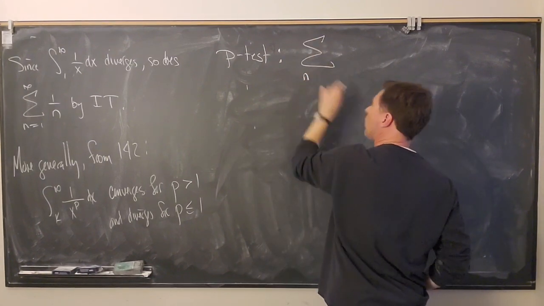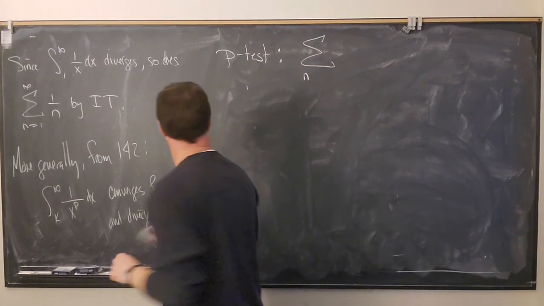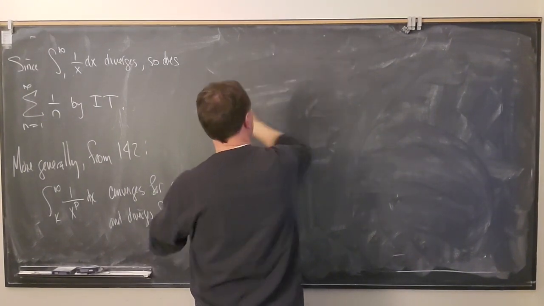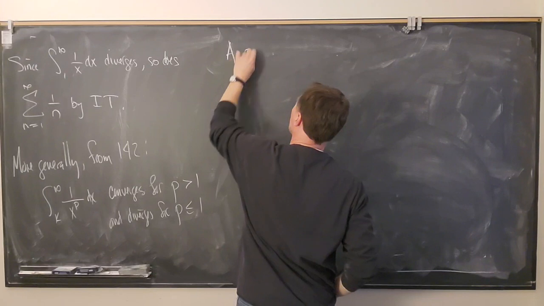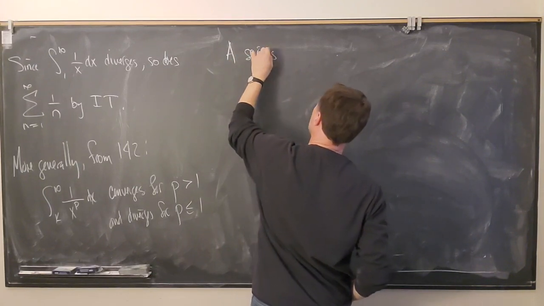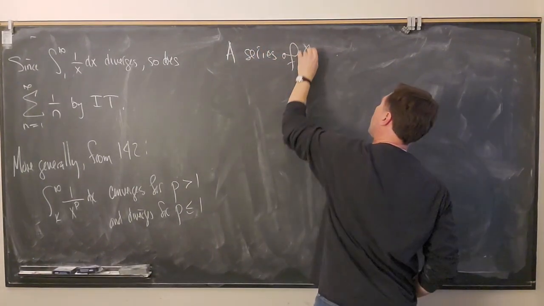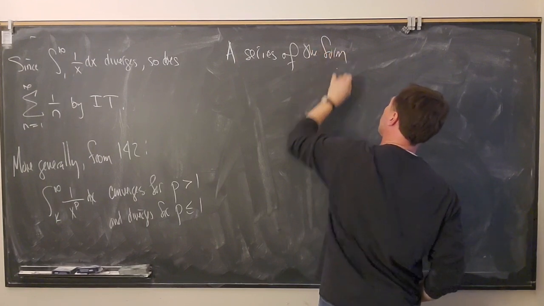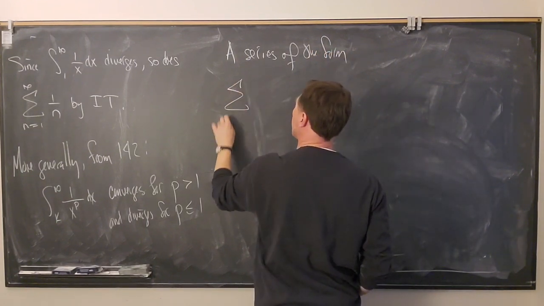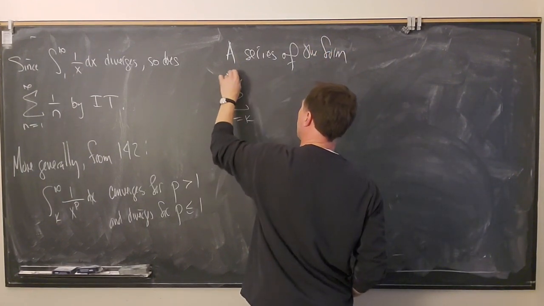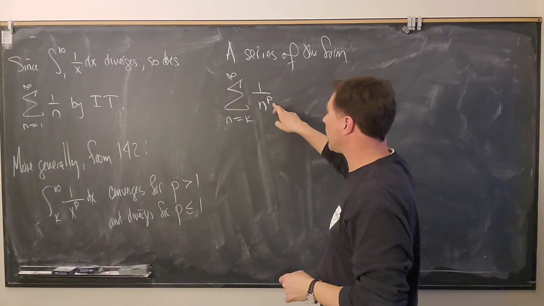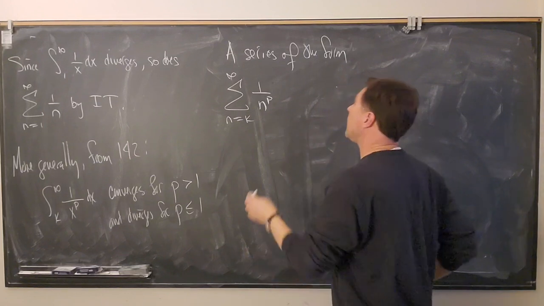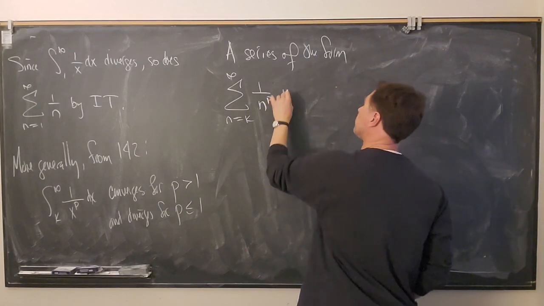First, let me write down a name. A series of the form sum n equals k to infinity of 1 over n to the p, so if you have 1 over n raised to some constant power p, this has a name: it's called a p-series.